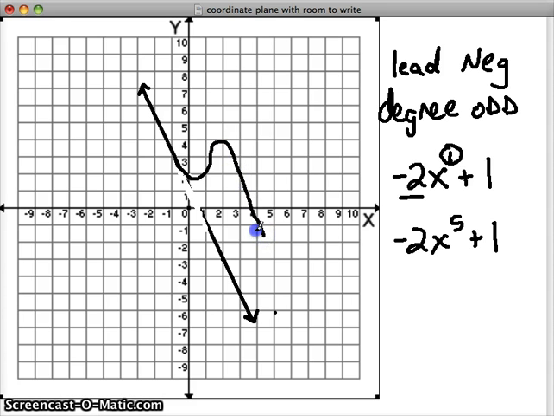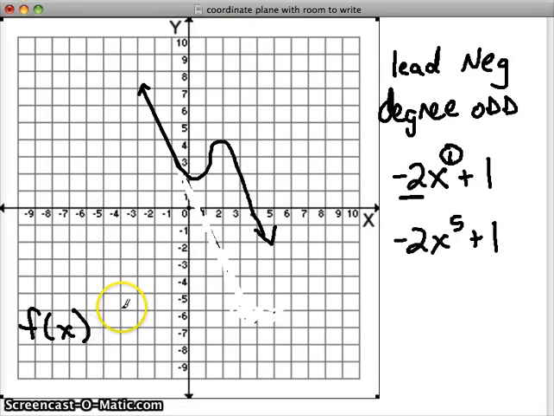So now it's doing something like this. And again, it's not completely accurate, I'm just sketching it. Use your calculator to make a really accurate graph if you want. But we know our end behavior is going to be the same. This will always be in this direction, this will always be in this direction, as long as this is true right here. So let's describe our end behavior.